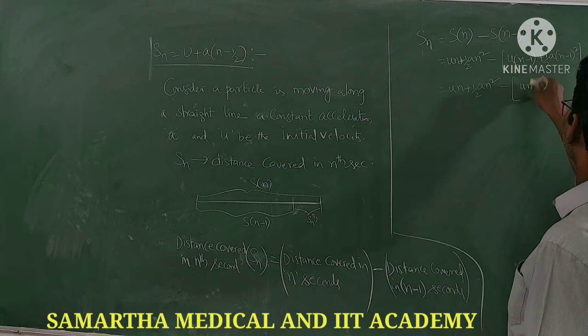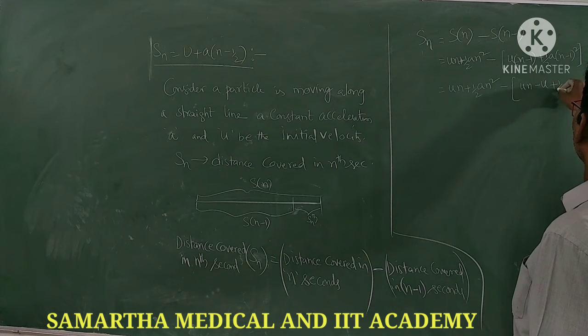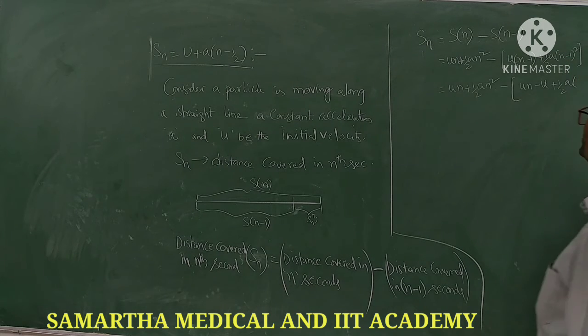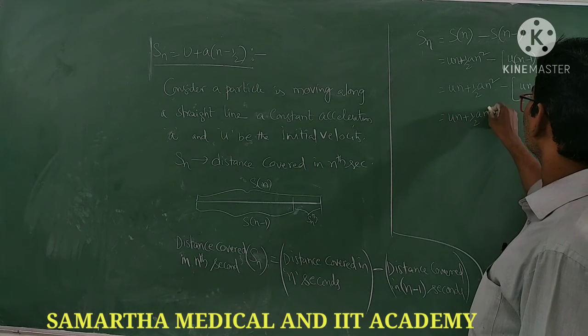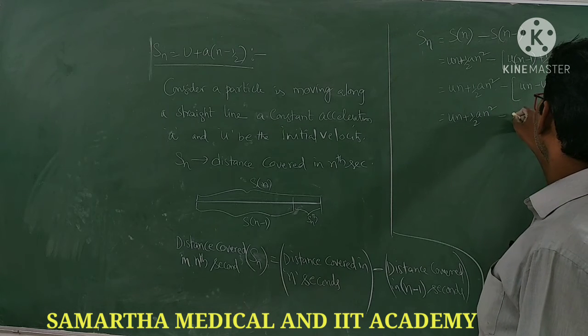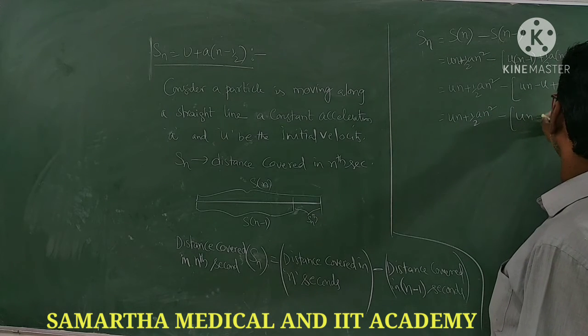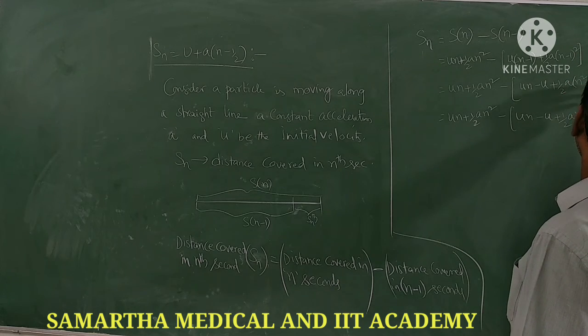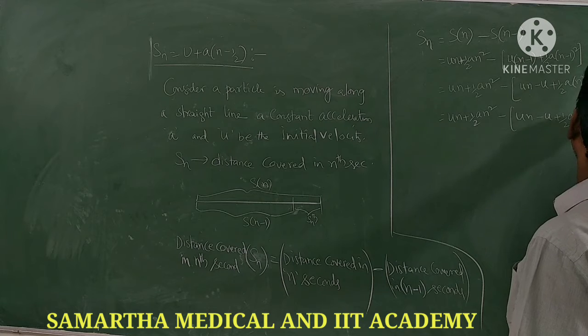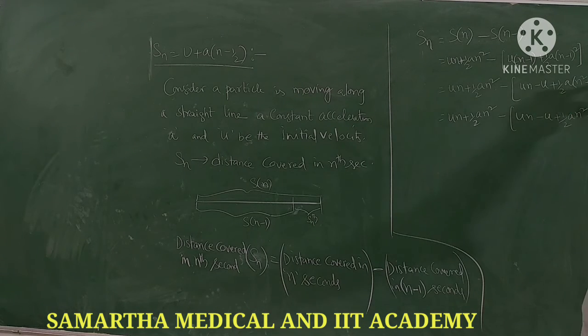So un minus u plus half a into, this is a minus b whole square formula, so n square plus 1 square minus 2n. Now un plus half an square minus un minus u plus half a into n square plus half a into 1 minus half a into 2n.